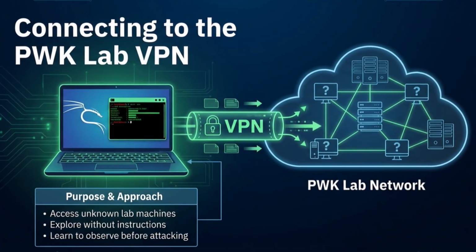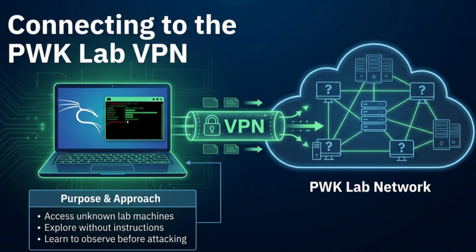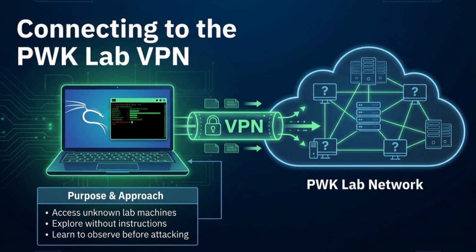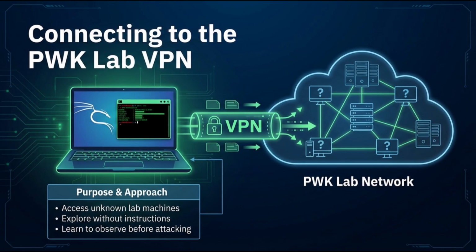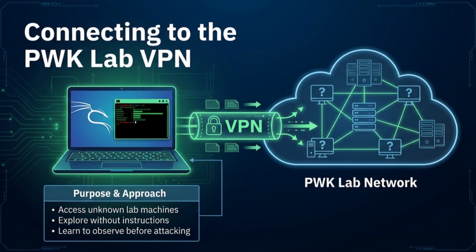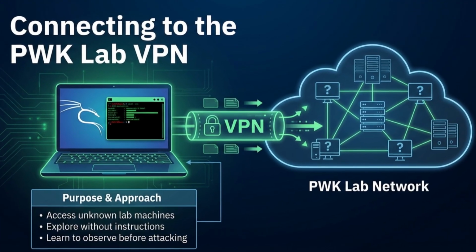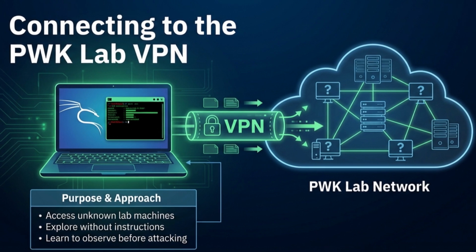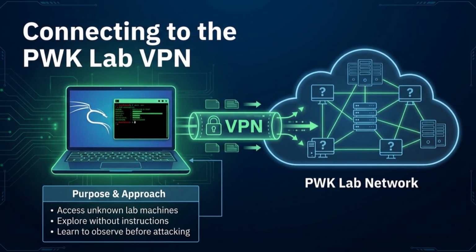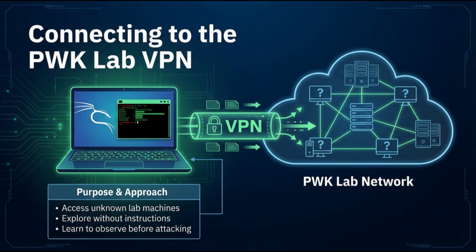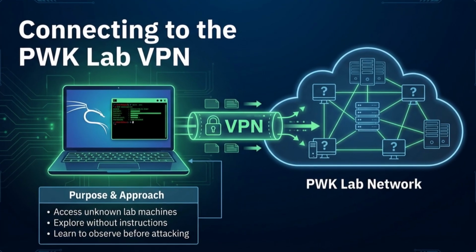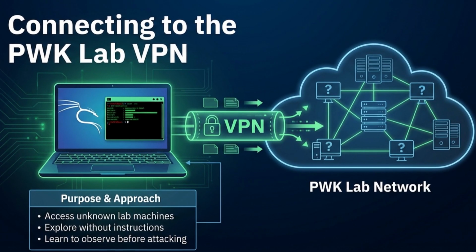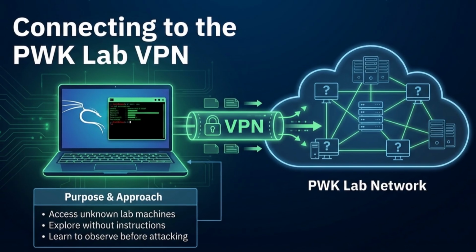Once connected, you will see machines you don't recognize, services you've never used, networks that don't explain themselves. This mirrors real-world penetration testing. You are entering a network with limited information and must learn to observe before acting. Feeling confused or overwhelmed at this stage is normal. OffSec expects that. The VPN is your first exposure to uncertainty.